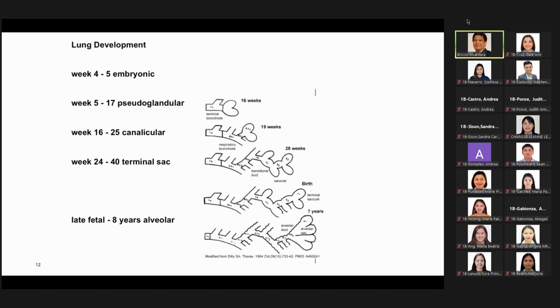So the lung will develop week 4 to 5, your embryonic phase. Week 5 to 17, you have your pseudoglandular. Week 16 to 25, your canalicular. Week 24 to 40, you're going to have the terminal sac. And then from the late fetal up to 8 years old, you have your alveolar phase.